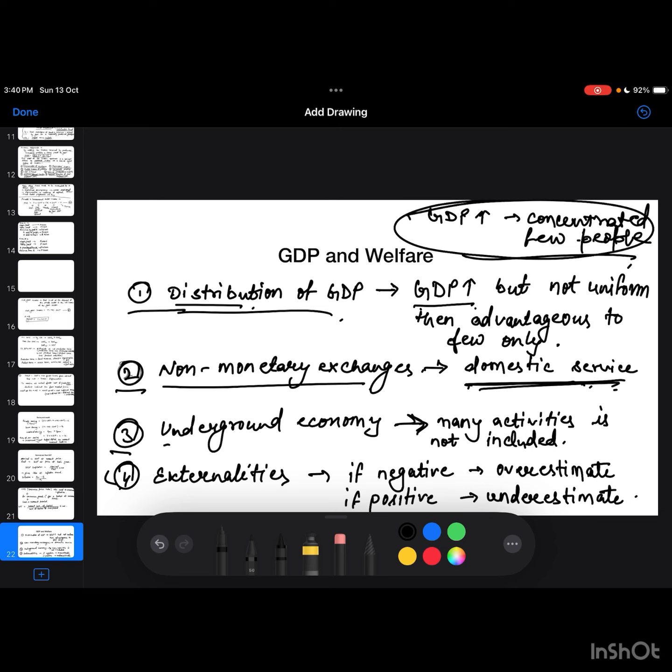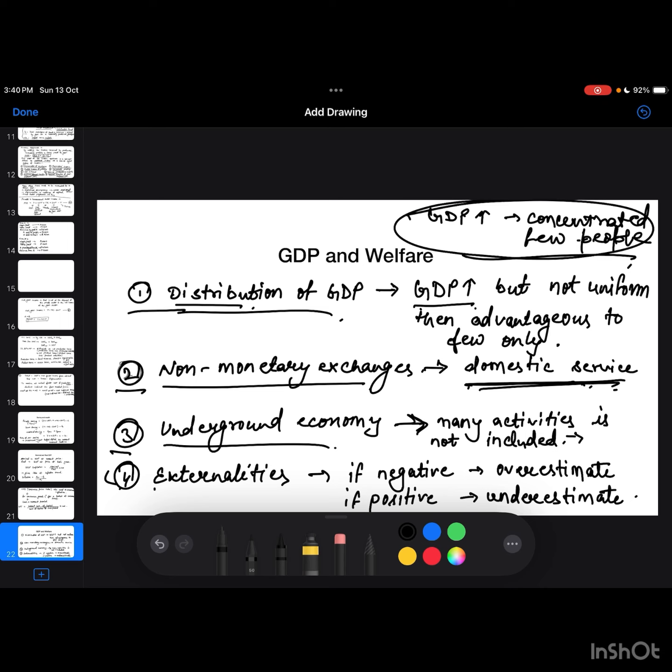There is also the underground economy, many activities that are illegal but are produced in an economy, so they are also not included. So that also gives an underestimation of the GDP value, and it is also a problem.